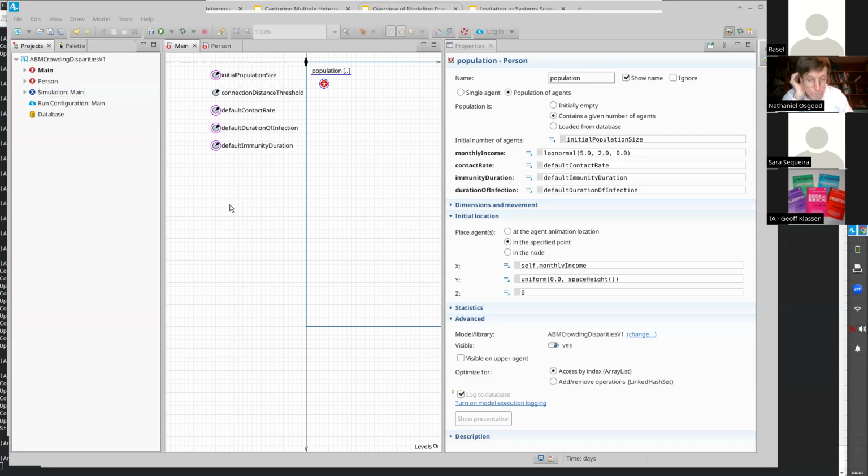And over time, will the distribution be the same for the agent, or will it change over time? No, when the new people come. This is a model of infection spread, and we assume that the income is not evolving over the time frame of the model. We're also not simulating aging in this model.